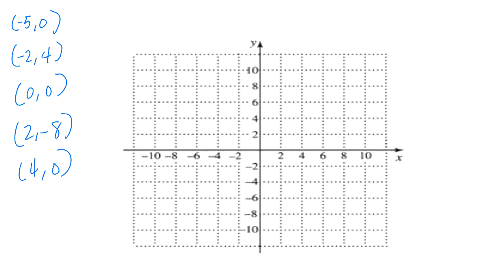So I'm just going to graph. So 5 is about here. Negative 2, 4, 0, 0.